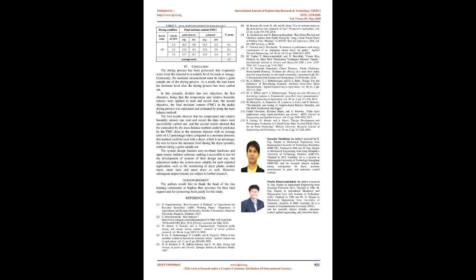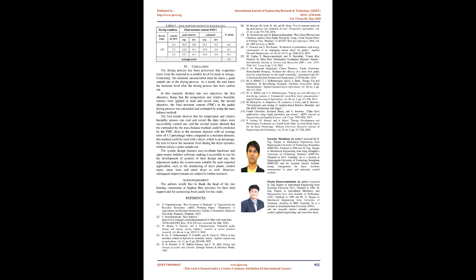This research had 2 objectives. The first was that temperature and relative humidity sensors were applied to read and record data. The second was that the final moisture content, FMC, in the paddy drying process was calculated and estimated using the mass balance method.